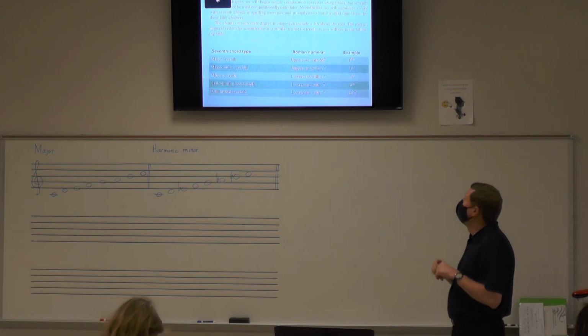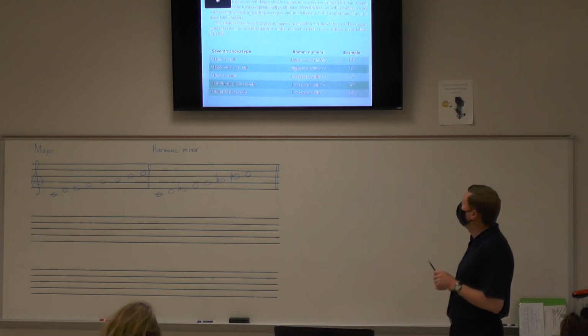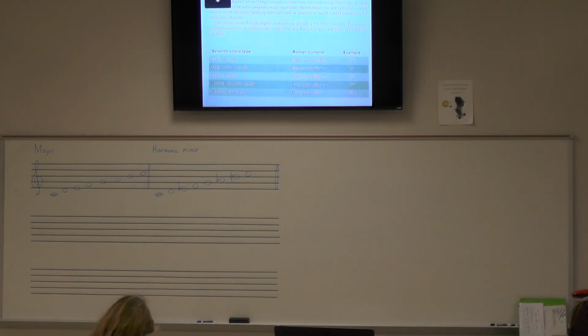So is there a Roman numeral for any type of seventh chord where we don't have to write any figured bass numbers? The answer is no. For every seventh chord type, we always have to include some kind of figured bass number, either 7, or 6-5, or 4-3, or 4-2. It's always required. And again, we'll get some practice on that in a few minutes.